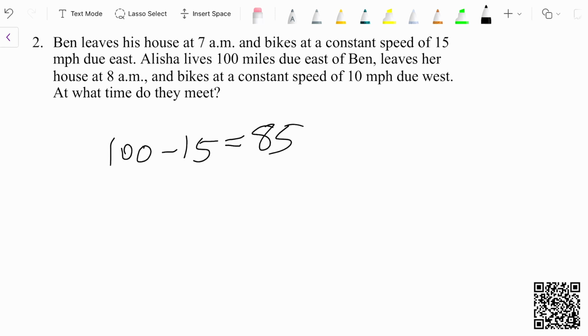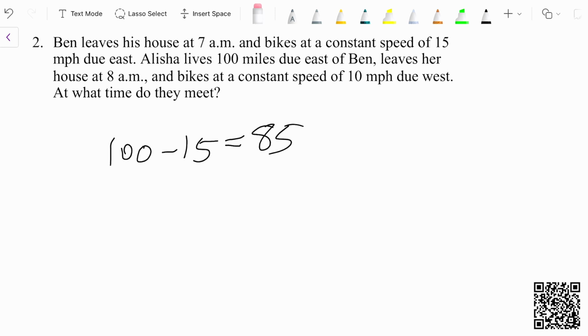So since Alicia is leaving her house at 8 a.m., biking at a constant speed of 10 miles per hour due west, that means in total they are traveling at 25 miles per hour together.